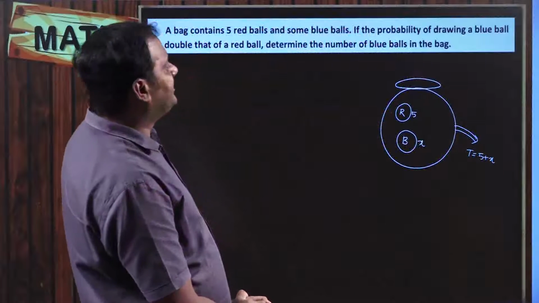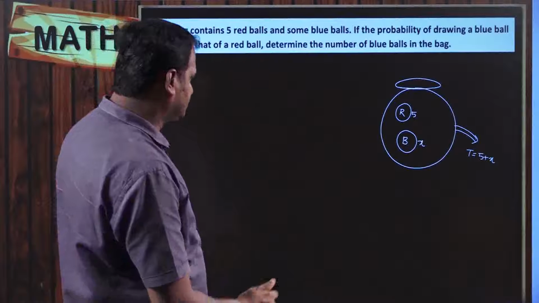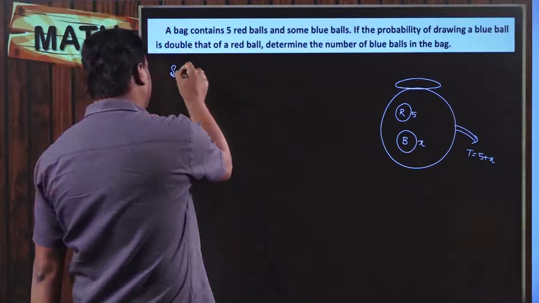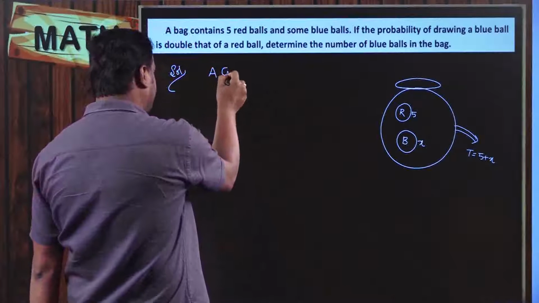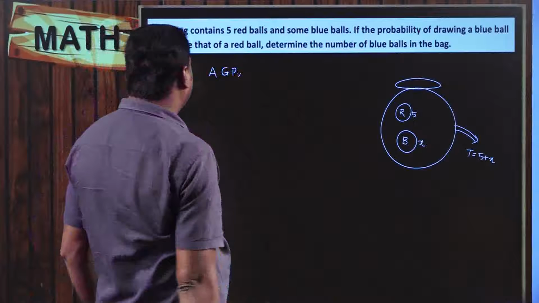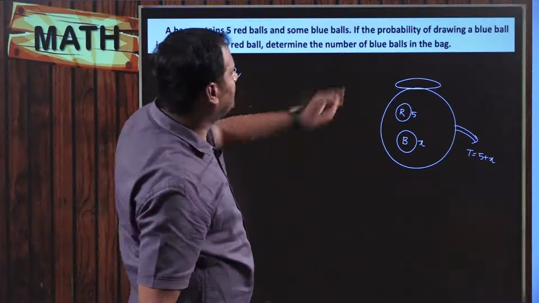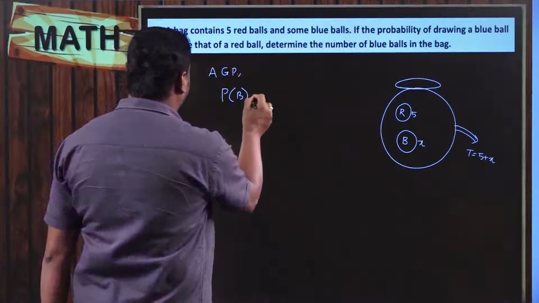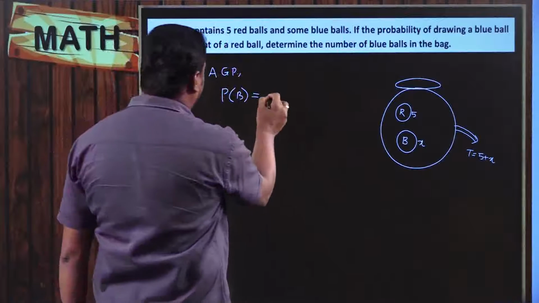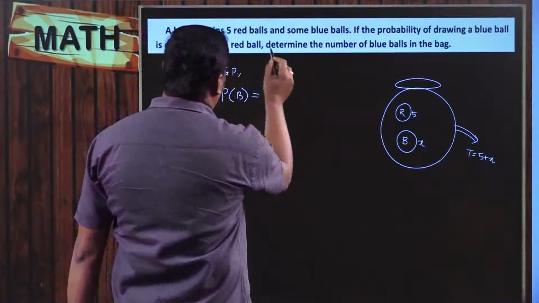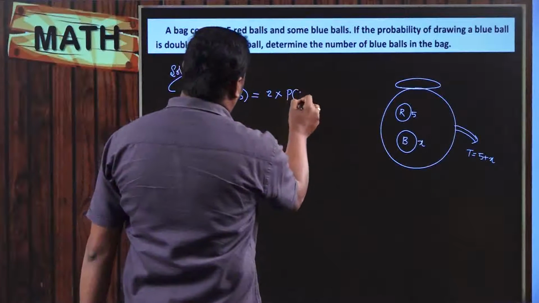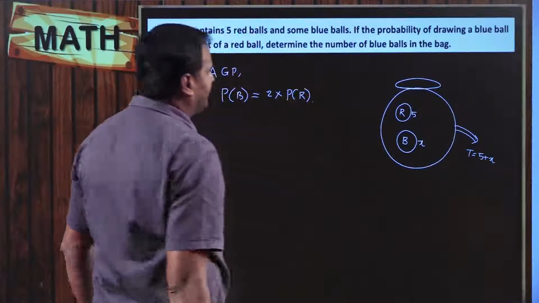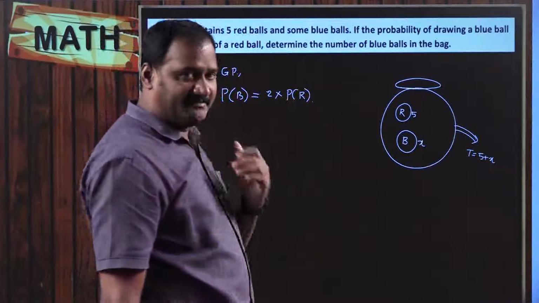And what is the condition given here? According to the given problem, the probability of drawing a blue ball is double, 2 times the probability of drawing a red ball. So determine the number of blue balls in the bag.